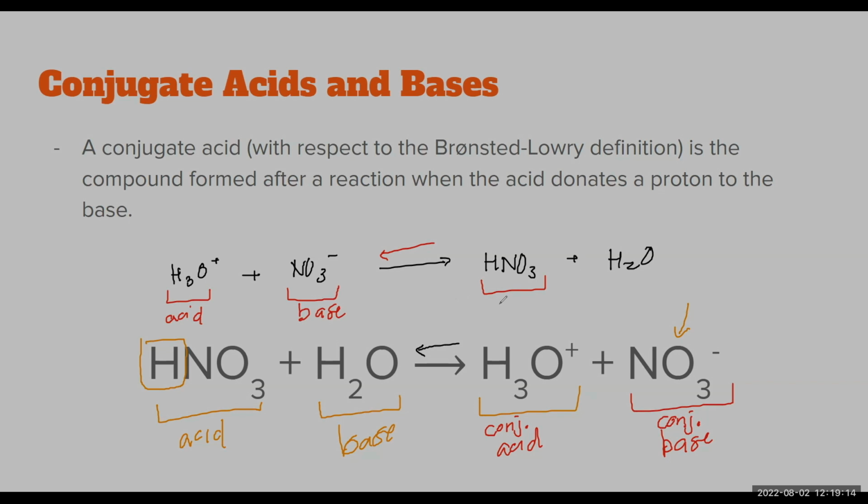This will function as the conjugate acid. And this will function as our conjugate base. And that's really all conjugate acids and bases is trying to say, more or less.